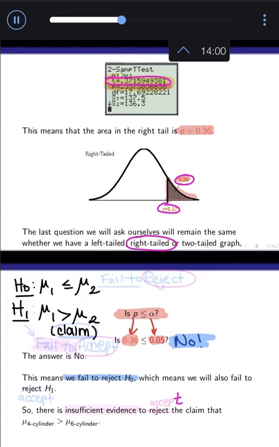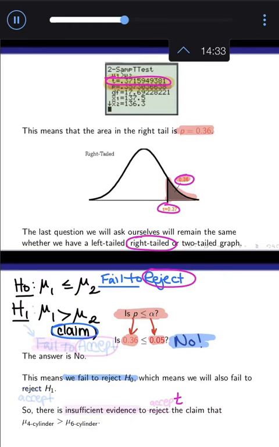So let's write that out. So we're going to fail to reject H naught. That is the one I don't really care about because that's not my claim. I actually care about the other one. Well, that's going to be the complement. So if I'm failing to reject the null hypothesis, I'm going to do the opposite. I'm going to fail to accept the alternative.